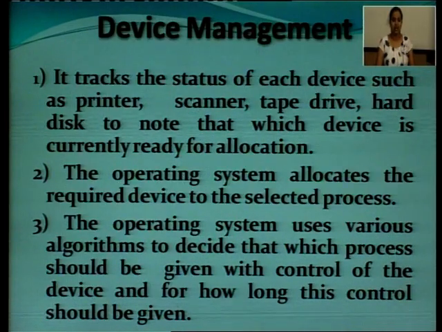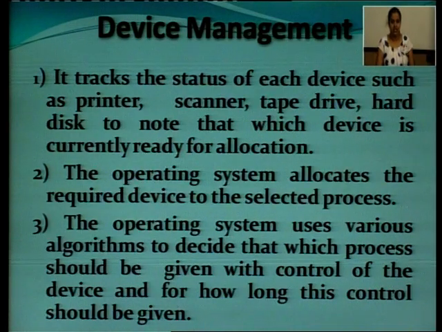One task may require only the scanner, another only the printer, but it can also be that two tasks require the printer at the same time. So to which task we allocate the printer first is the problem. That's why we need device management.